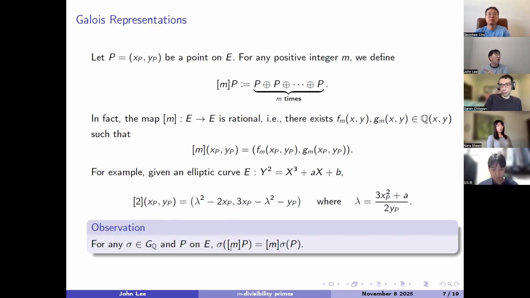It will only act on the xp and the yp. Therefore, we can switch these operations. Since sigma only acts on xp and yp, we can first consider sigma P, and then multiplying by n, we get the same thing. So these two are equal, which is the key idea to define the Galois representation, and it is based on this map being rational.